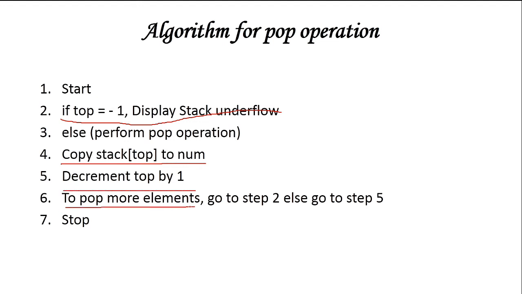To pop more elements, go back to step 2. Check whether underflow occurred. If underflow has not occurred, then perform the pop operation. If underflow occurs, then stop. Right? This is how the algorithm of pop operation works.